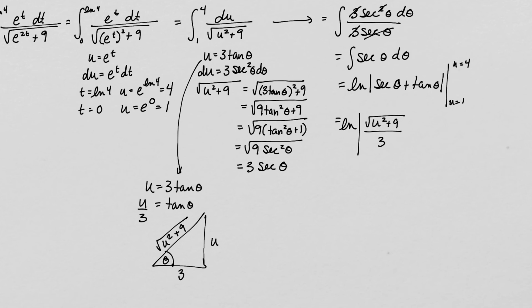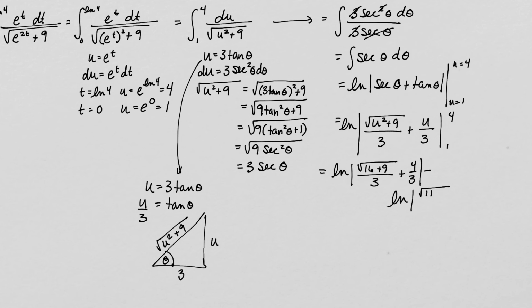And then the tangent is the opposite u over the adjacent 3. Then we're evaluating this from 1 to 4. So we're going to have the natural log, absolute value of, if I plug in here, 4 squared is 16 plus 9, the square root of that all over 3, plus 4/3, minus, I'm out of room here, the natural log of the square root of 1 plus 9 over 3 plus 1/3.